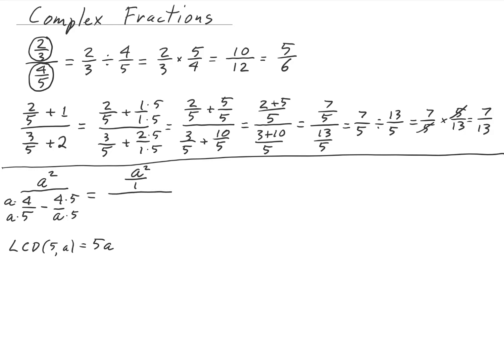And in the denominator, I get 4a over 5a minus 20 over 5a. Now you notice those two fractions on the denominator both have a denominator of 5a. So I can combine those by subtracting the numerators and keeping the same denominator. So I get 4a minus 20 over 5a.